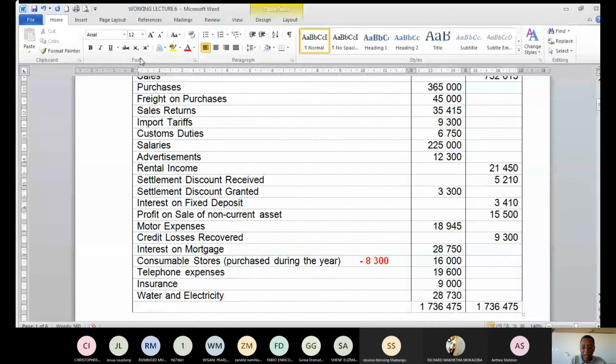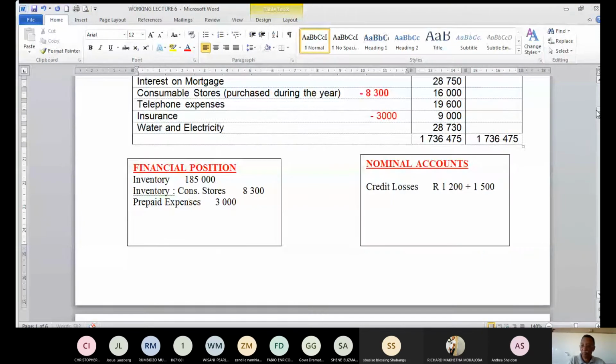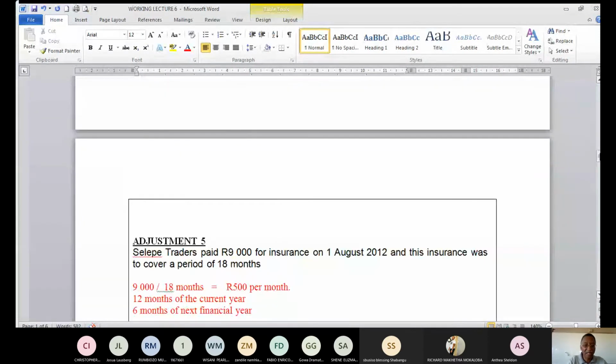Your insurance will have to decrease now by 3,000 Rand. Because even though you paid 9,000 Rand, only 6,000 Rand is an expense for this year, because the other 3,000 Rand is an expense of the next financial year. So that is how you will account then for the prepaid expenses. Right? That will deal with adjustment number 5.